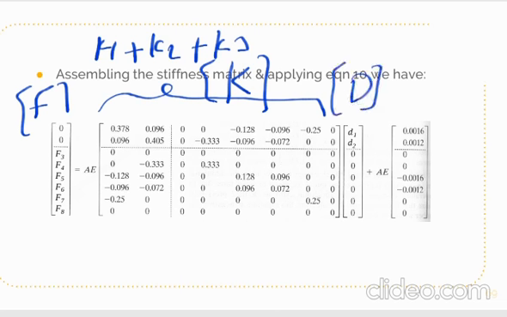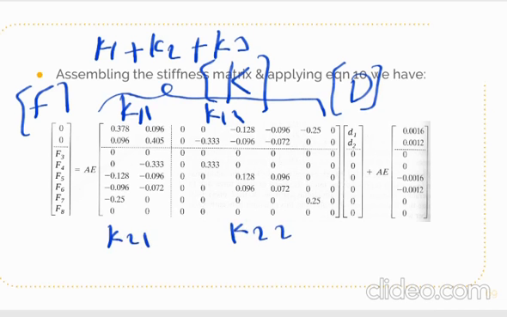Okay, just collect and sum all values, and this is K11, K12, K21 and K22.